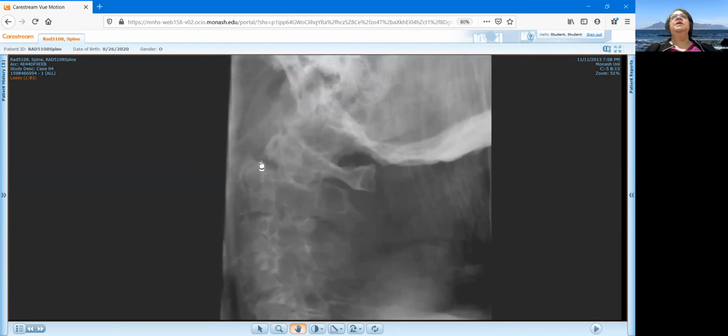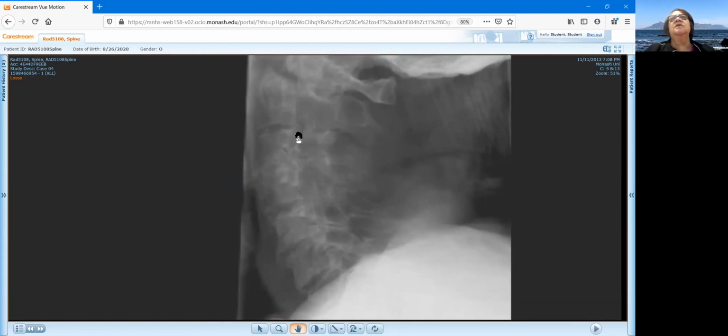The main thing that we can see here is that there is a step from C1 to C2. So there's a C1, C2 dislocation, or atlantoaxial dislocation. There's of course also mild degenerative disease of the spine. These are all degenerative changes, chronic changes.